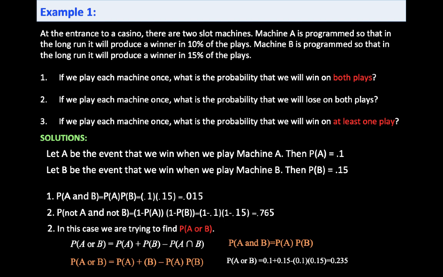Then probability of A complement is what? Probability of A complement equals 1 minus probability of A. That is the solution number 2. And then probability of B complement equals 1 minus probability of B. So understand that part. That is very important.